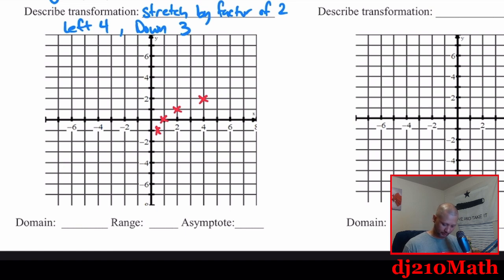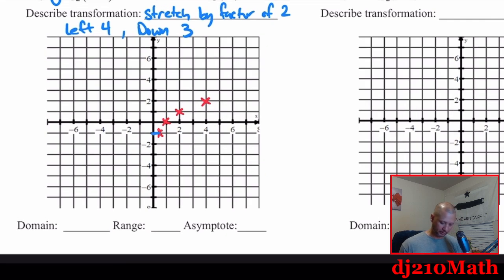The first x. This is -1. -1 times 2 is going to be -2. So this dot or x moves here. This is the stretching part. On the x-axis, it stays the same, and that's because the y value is 0. 0 times 2 is 0. So it stays. All right. Next one.